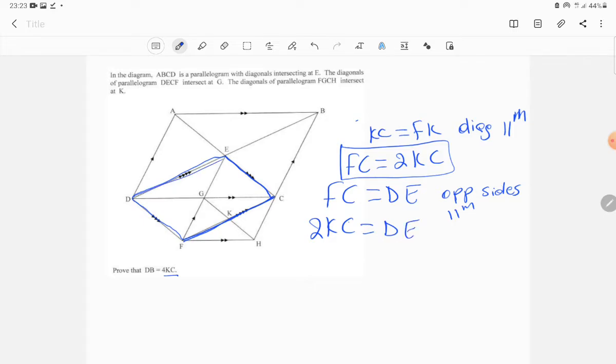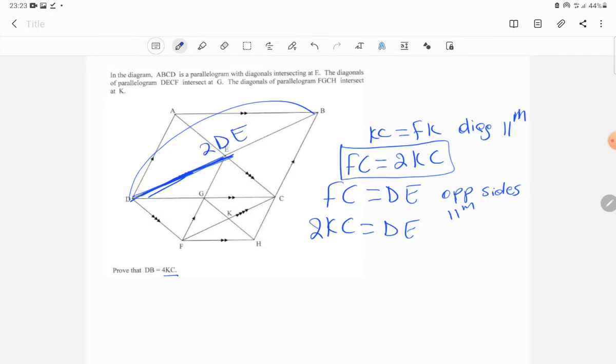DE is half of DB, the whole of this biggest parallelogram's diagonal. So DB is the same as 2DE.